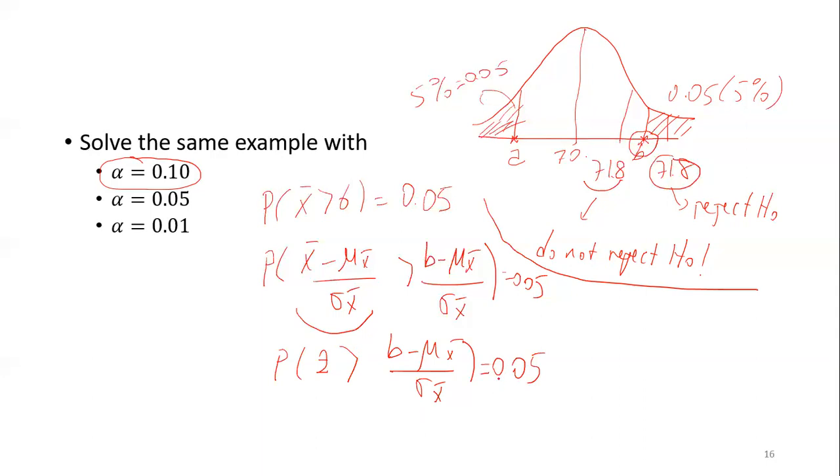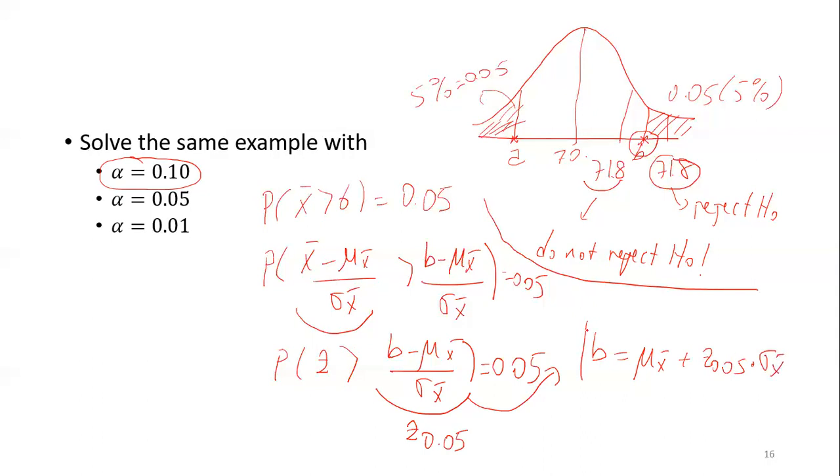Remember subscripts. This is the Z value which leaves an area of 0.05 to the right, so this is in fact Z sub 0.05. From here, B is equal to mu of X bar plus Z sub 0.05 times sigma of X bar.